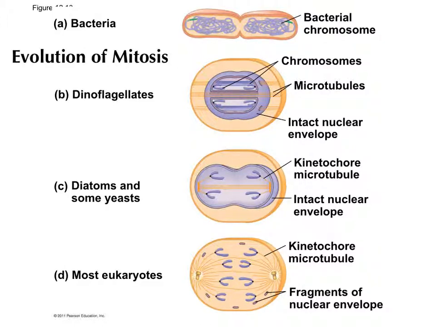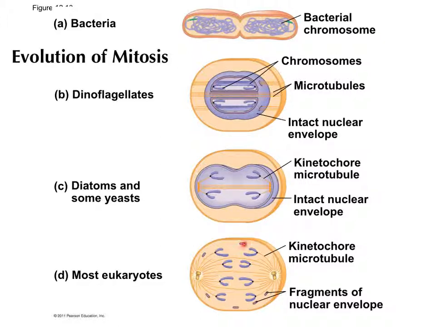So it's sort of a variation in between breaking down the nuclear envelope completely and not even having a nuclear envelope at all. We also see diatoms, another type of protist, and some yeasts, which are a type of fungus. They also maintain their nuclear envelope through division. You can see all the microtubules form inside of that nuclear envelope and do the cell division there.